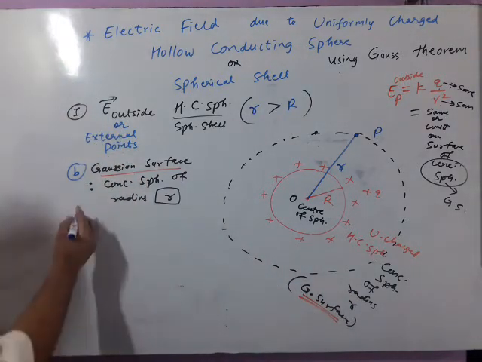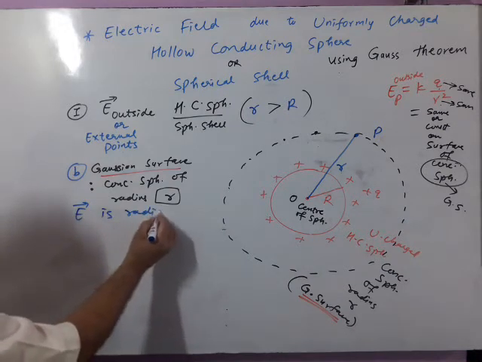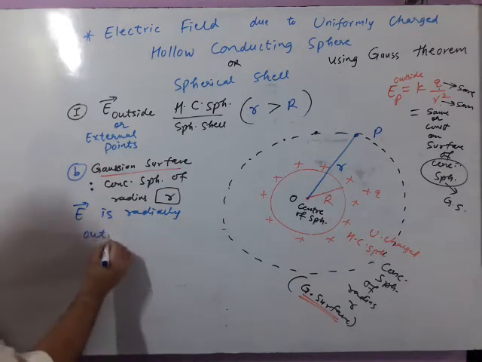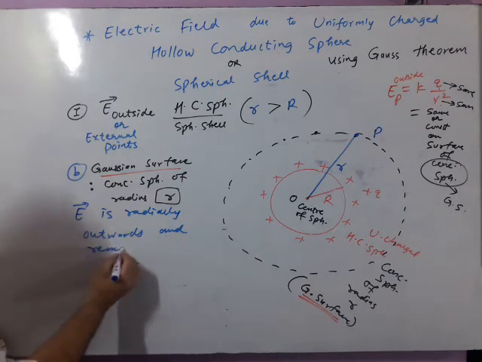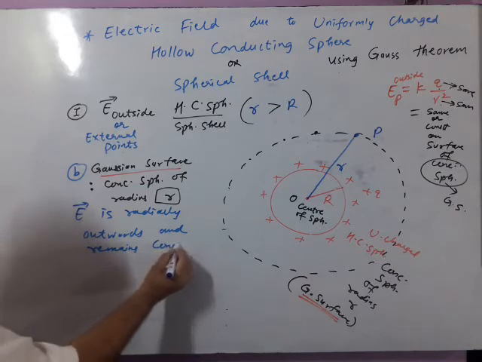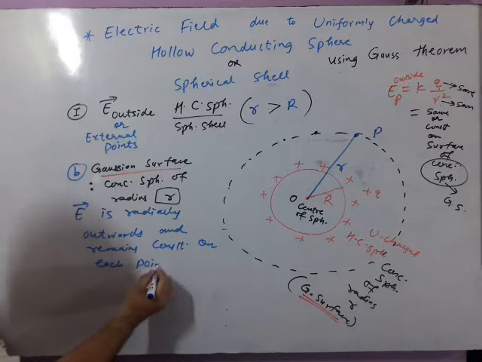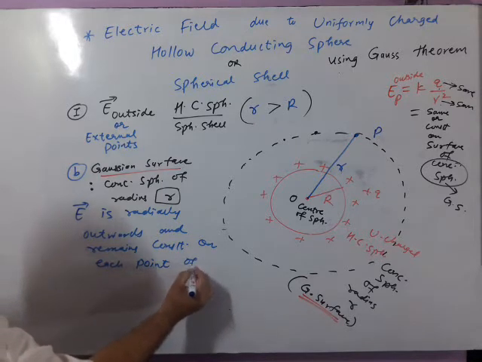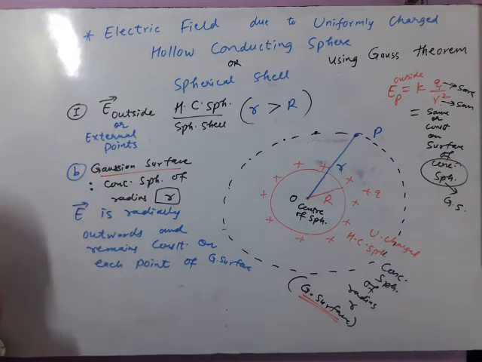See, we are writing this line: electric field is radially outwards and remains constant on each point of the Gaussian surface. This is the main condition given by Gauss.